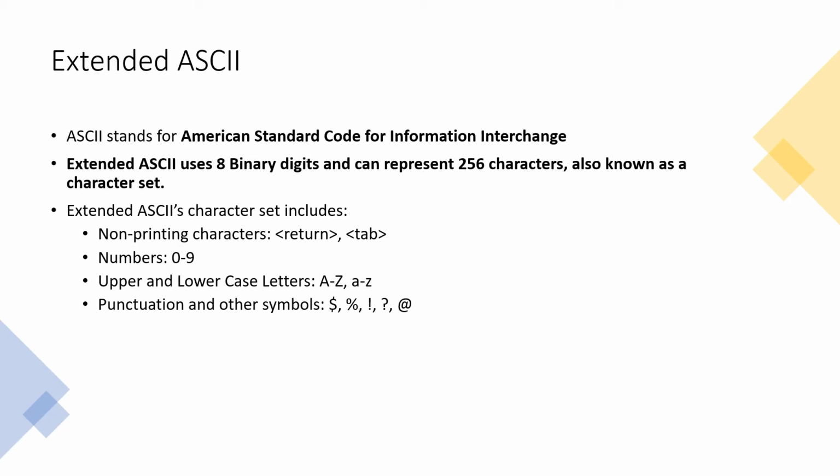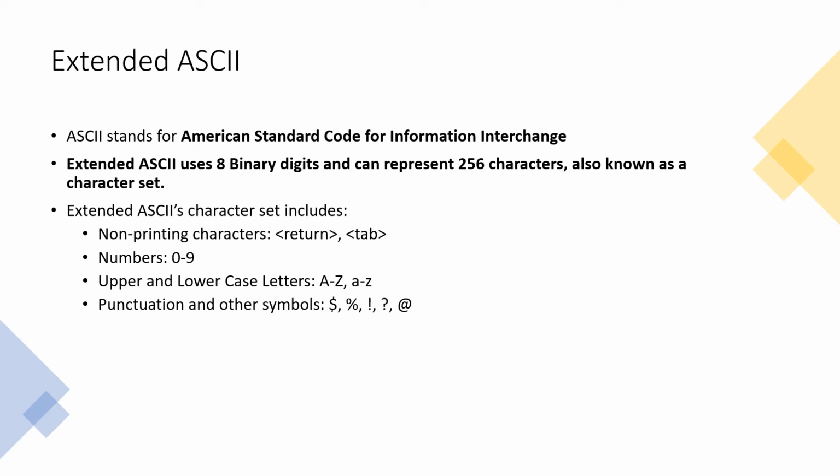Included in extended ASCII, the character set has different subsets of keys. We have non-printing characters. Now these are keys that carry out a function that doesn't appear as something written on the screen, things like return, which creates a new line, or enter. You've got your tab keys, your backspace, your delete, all these buttons that carry out a specific function that doesn't show up as text or numbers.